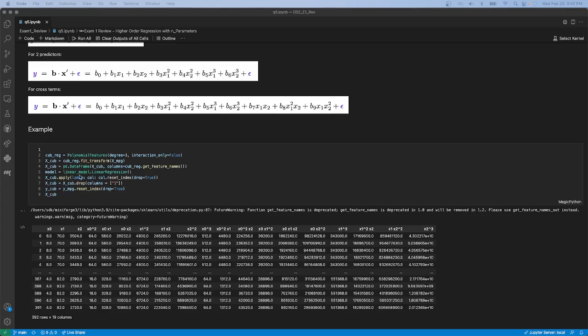I just want to add a caveat here: it may function a bit differently in Scala. I'm not 100% sure how that works under the hood, but at least for Python, all we're doing is expanding the feature set out and letting the linear model do the rest. So that's why we're still using this linear model. We're just expanding the terms we're putting in to include these nonlinear terms.